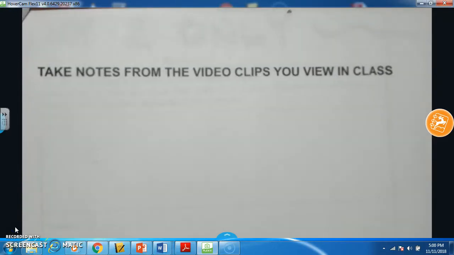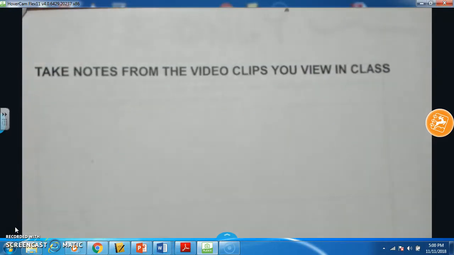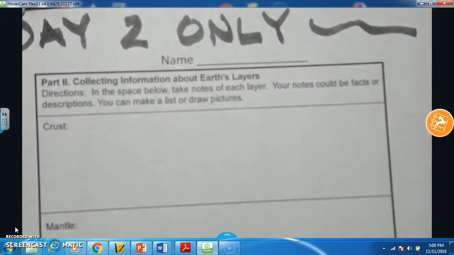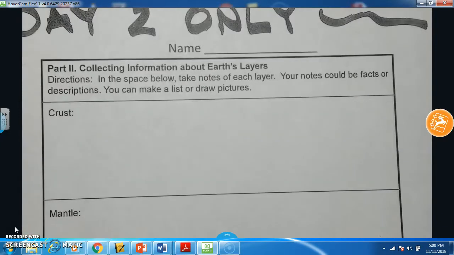And you have filled up this whole front and back page, minimum, should be filled up with notes that are legible, meaning I can read them. You have organized them in some way by bullet points, headings, something. Roman numeral order, and that you have filled this sheet up as well.